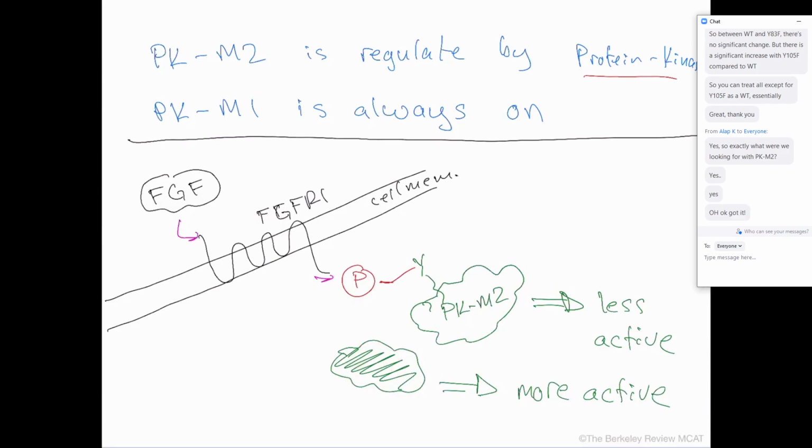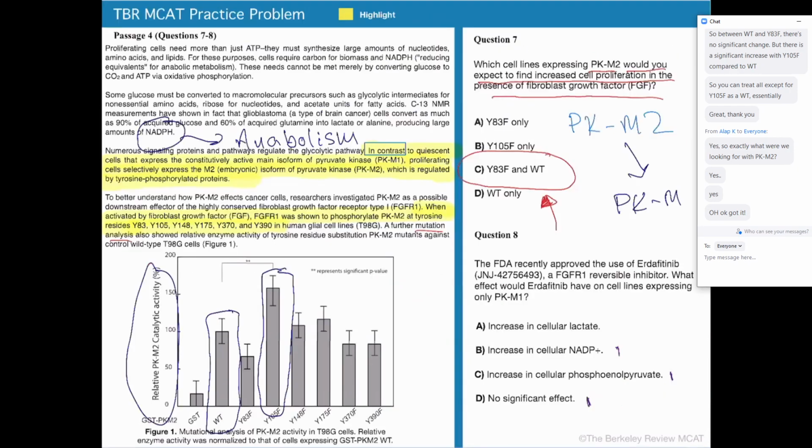Cool. Yeah, exactly. And so these single amino acid swaps that you saw here are going to be very common on the MCAT. That's why I said in the last lecture that you need to know your amino acids.